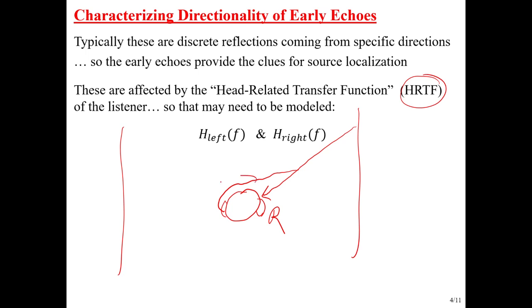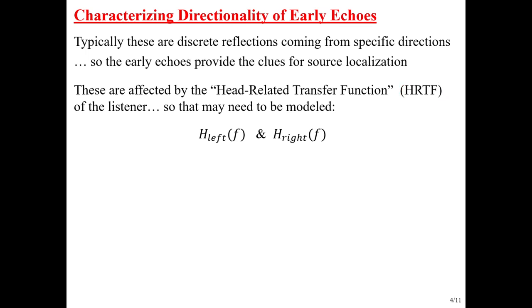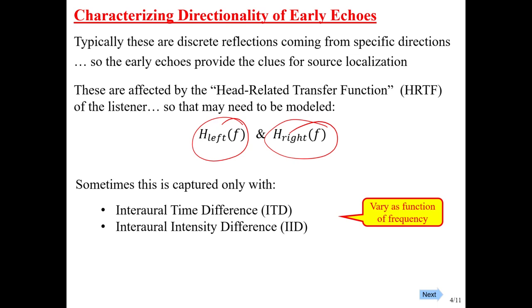The physics of that says that some frequencies can do that more readily than other frequencies. So we should capture a left and right transfer function. And those would also depend upon the direction from which the response is coming. So there's not just one HRTF. There's one for each direction that the reflection is coming from.